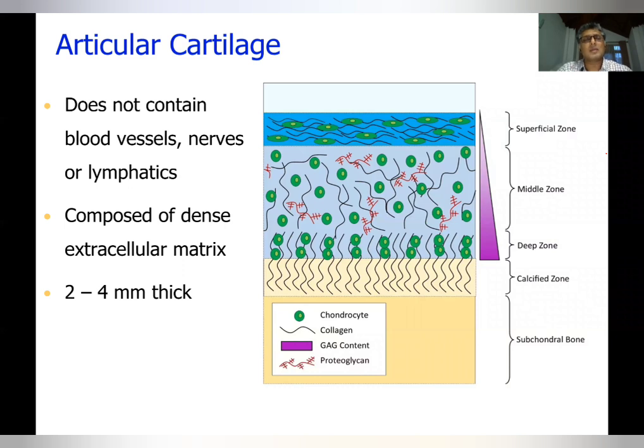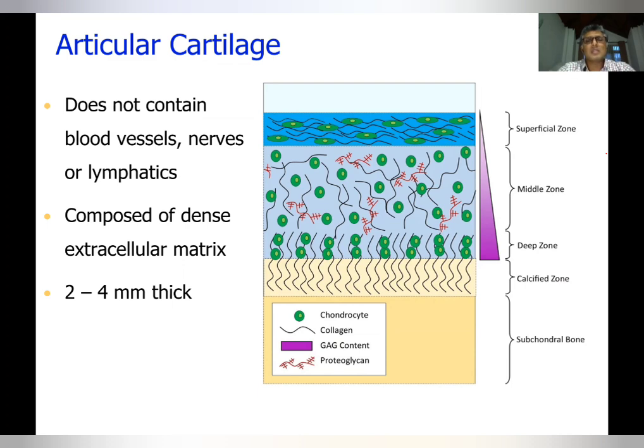If somebody asks what type of cartilage you get in articular cartilage, it is hyaline cartilage. You get all these joints, shoulder joint, elbow joint, hip joint, knee joint. The articular surfaces are covered with hyaline cartilage, which is called articular cartilage.